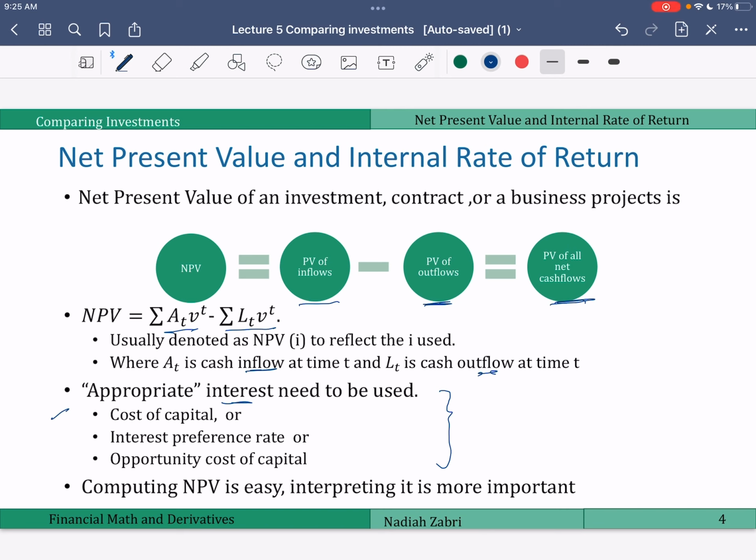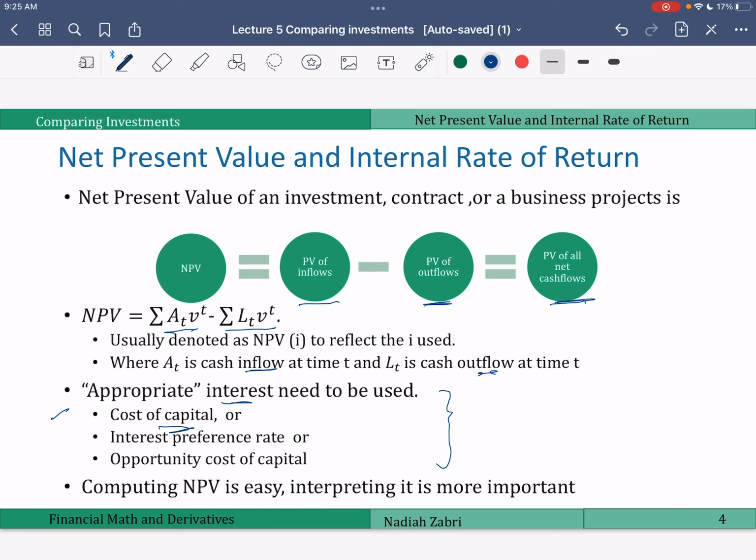Cost of capital means for a project we usually put in an initial investment, right? We fork out and put a sum of money to start a project, and then this initial investment will eventually generate some income, right? So the initial investment usually has a cost to it, cost of capital.